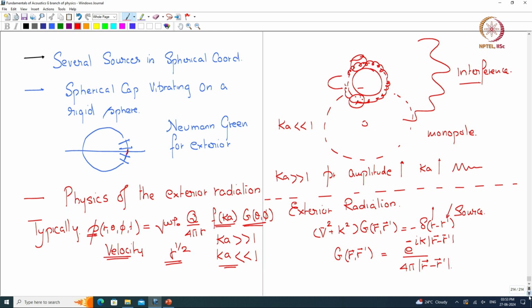Now suppose we want a solution for P of r comma omega, where the equation is given by del square plus k square, all Helmholtz equation, P of r comma omega is equal to minus q of r comma omega.